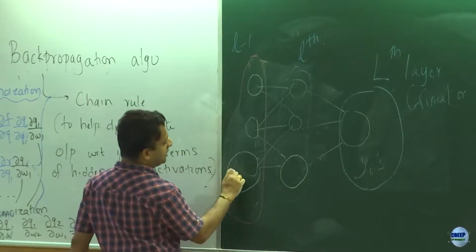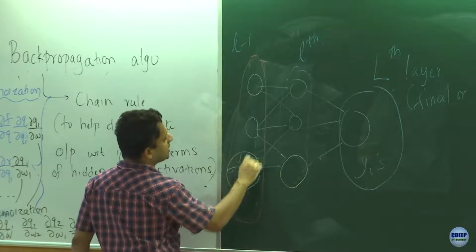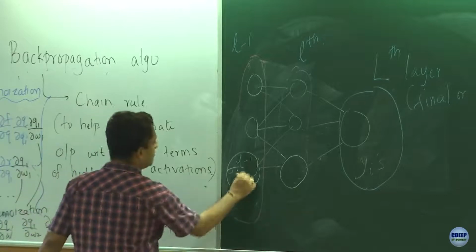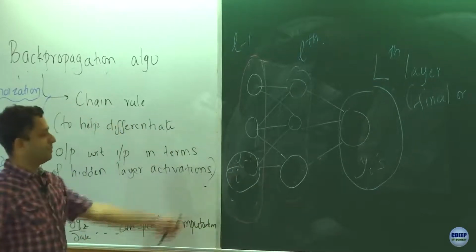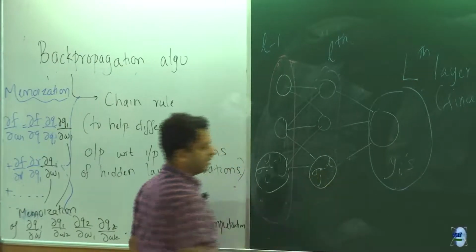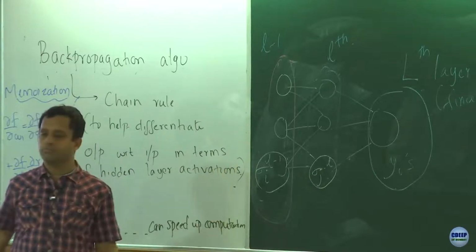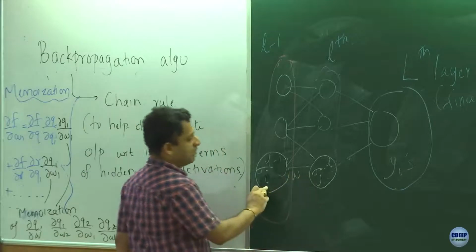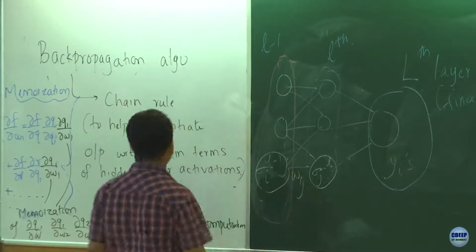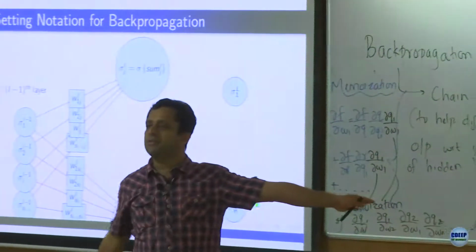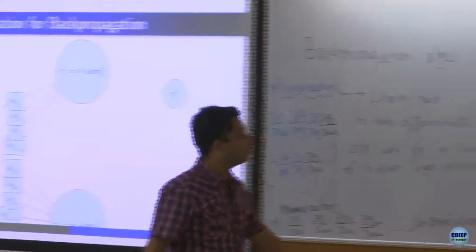So this activation unit is sigma superscript L minus 1, I, sigma I. And this is sigma superscript L, subscript J. The weight connecting sigma I from L minus 1 to sigma J in the Lth layer is Wijl. Is this visible to everyone? Either the slide or the blackboard, is it clear?